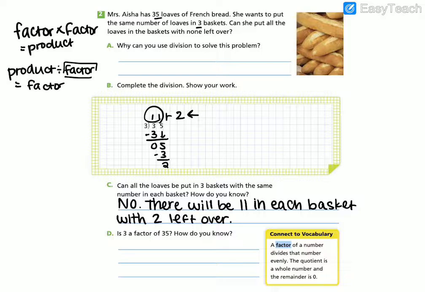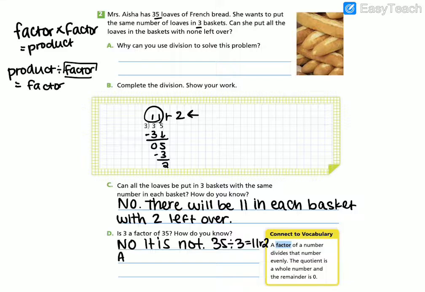So now we need to answer, is 3 a factor of 35? So no, it is not a factor. Because 35 divided by 3 is equal to 11, remainder 2. A factor will not have a remainder.